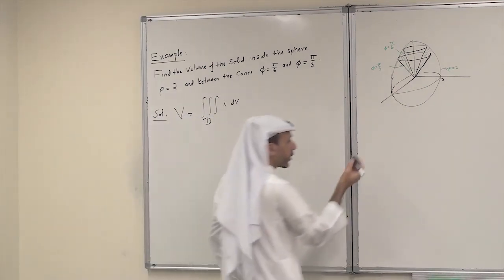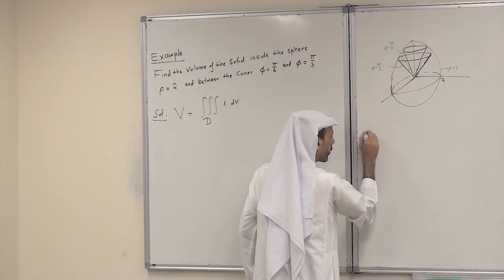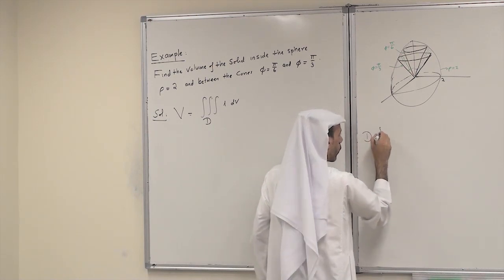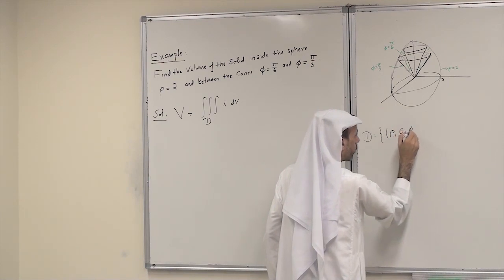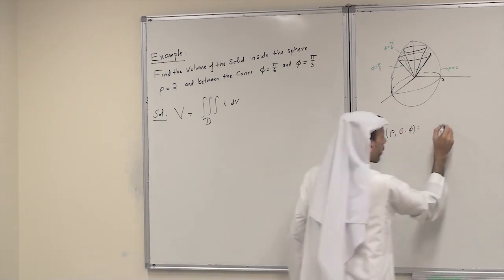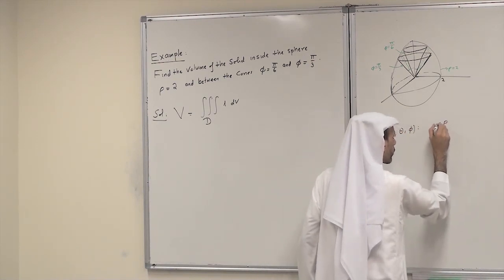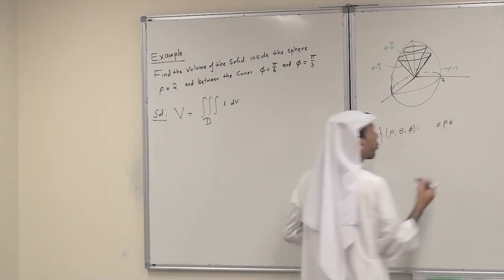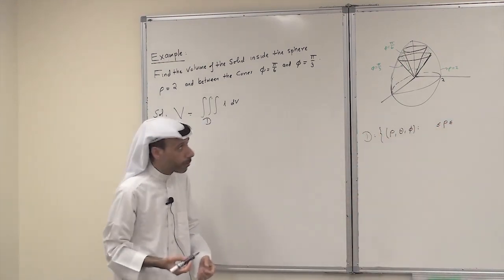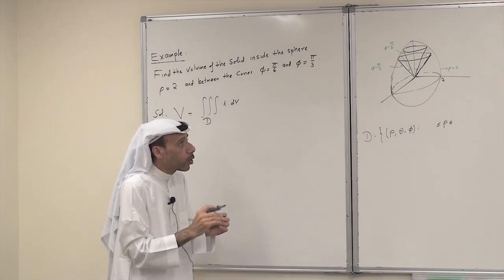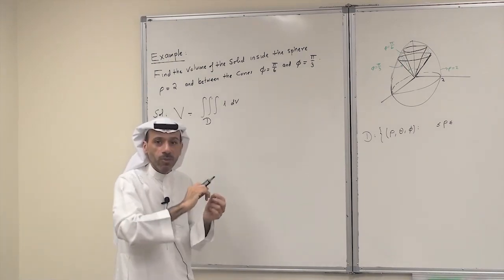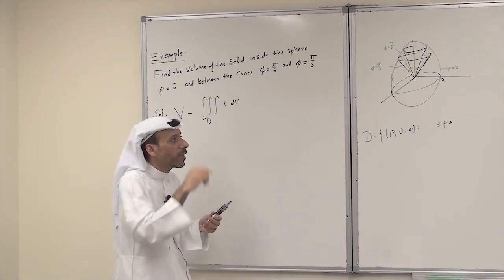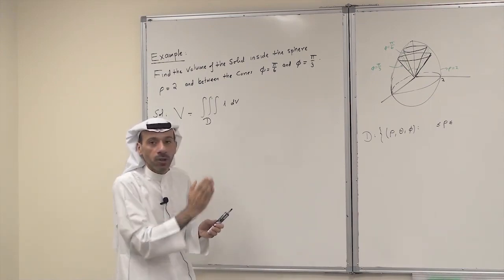To describe D, it is the set of all rho, theta, and phi. What are the limits of rho? How to measure the limits of rho? To find the limits of rho, which is a distance from the origin, we take a ray from the origin.